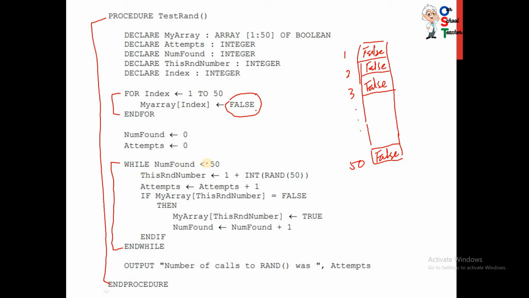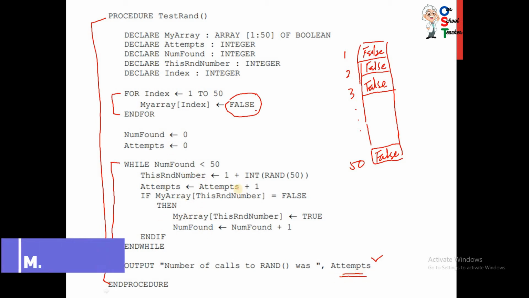When the value is equal to 50, the loop will be terminated and it will come here, and this statement, output number of calls to RAND was, will be executed. So we have to calculate the value during this loop.